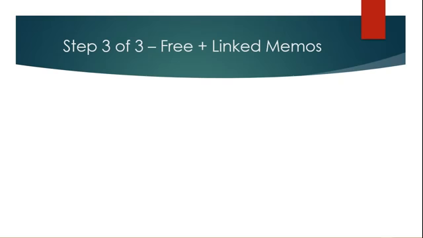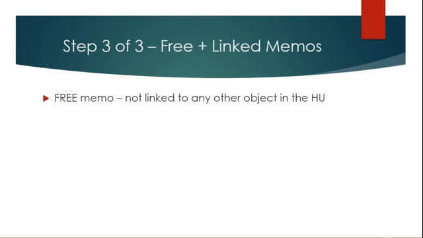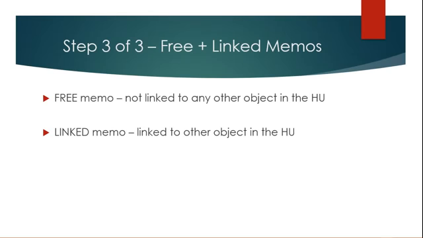Memos are slightly different from codes, because codes are concepts which form part of our framework, but memos are our ideas or our perception or understanding for a specific subject matter. They can be two types. Free memos are memos which are not linked to any other objects in the issue, and linked memos are memos which are linked to other objects in the issue.